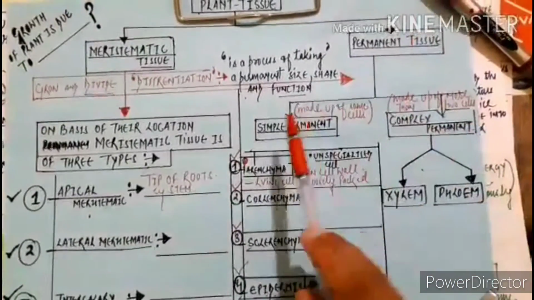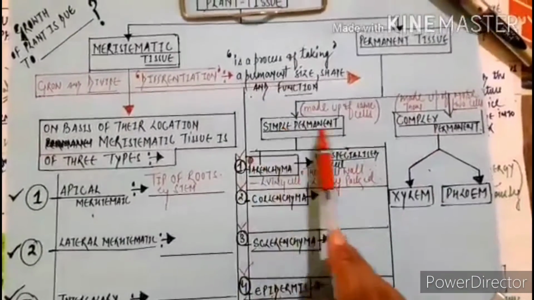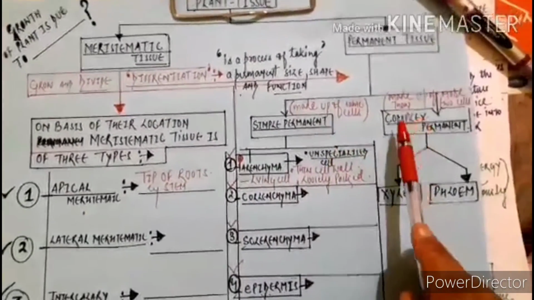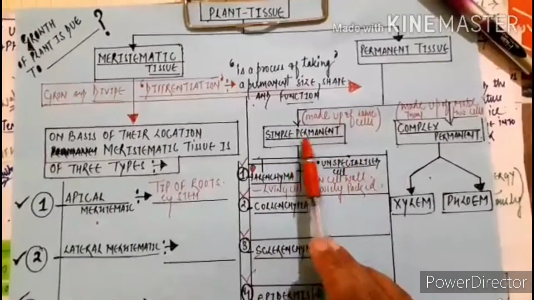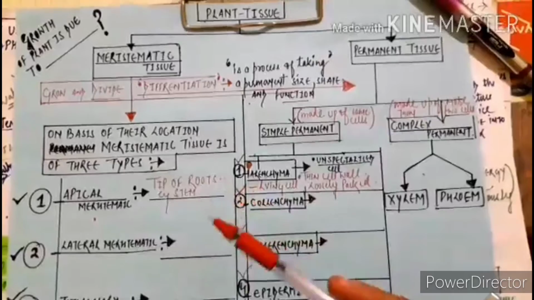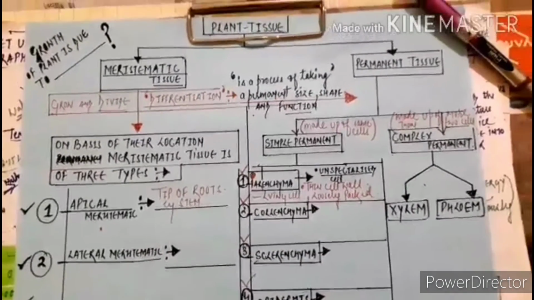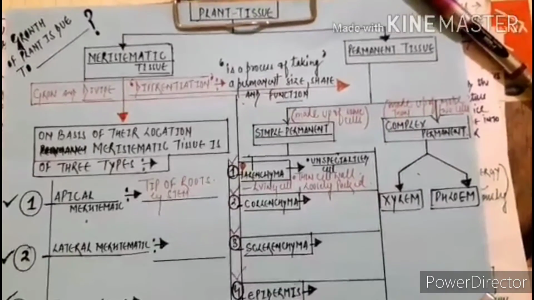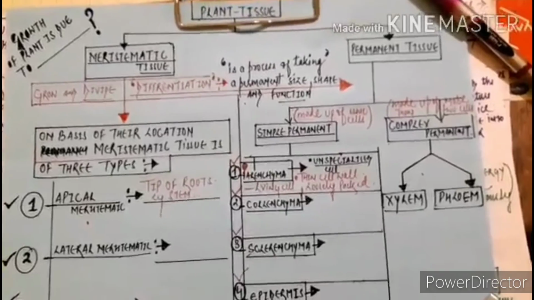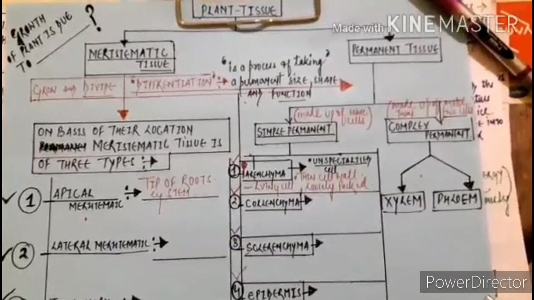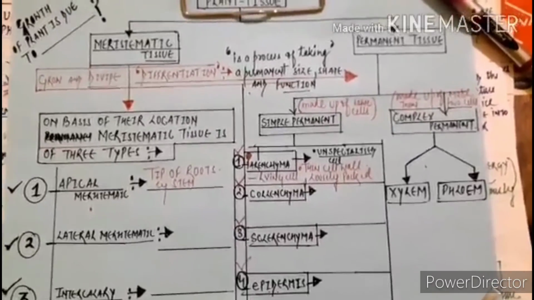Permanent tissue is further classified into two major categories: simple permanent tissue and complex permanent tissue. Simple permanent tissues, as the name suggests, are made up of only one type of cells, meaning the same type of cells.